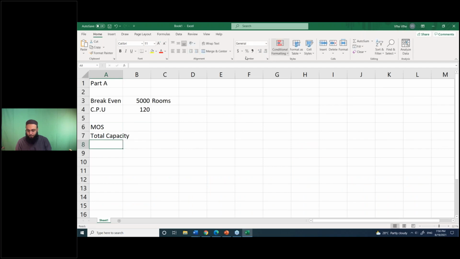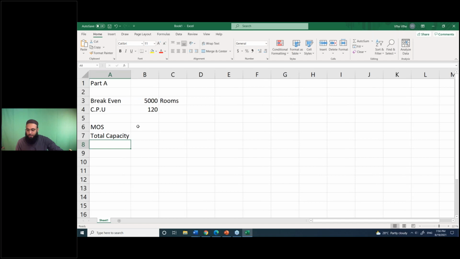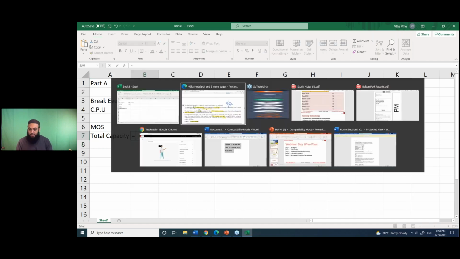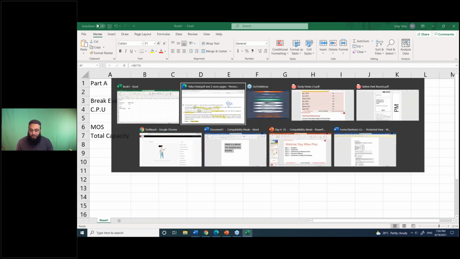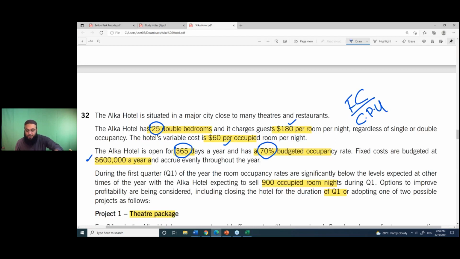Right. So for total capacity, what I need to keep in mind is 365 into 25 is 9125. Now this is the total capacity, but it says that 70% is the occupancy rate.